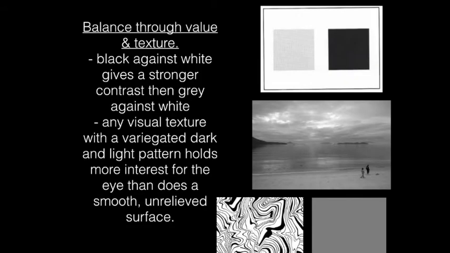All right, balance through value and texture. When we put black against white, it gives a stronger contrast than gray against white. So in the image you see at the top, there's a gray cube and a black cube, but my eye goes straight for that black cube, and then I notice the gray cube on the side. Now, any visual texture with a variegated dark and light pattern holds more interest for the eye than a smooth, unrelieved surface.